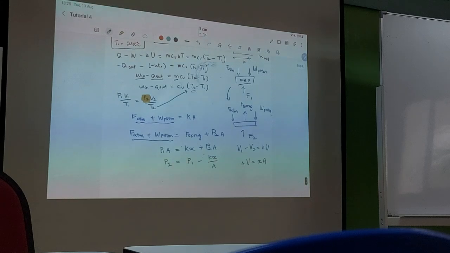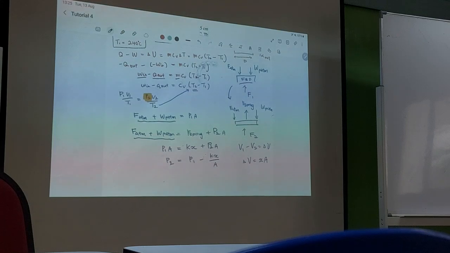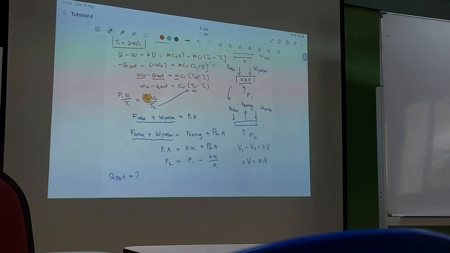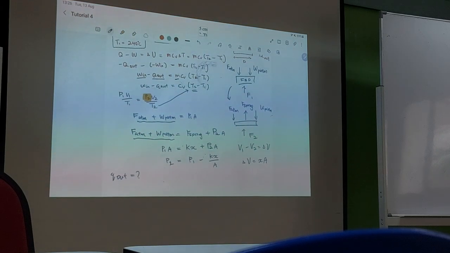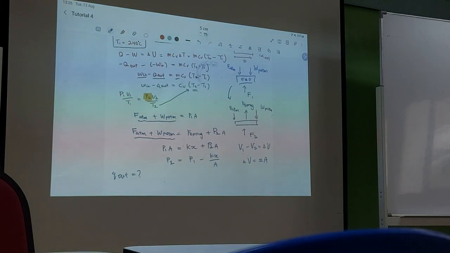Okay, so this is what it looks like. Make sense? So maybe let's say here I add an additional question. What is Q out? Can you solve this? Because your boundary work is actually simply the spring work.